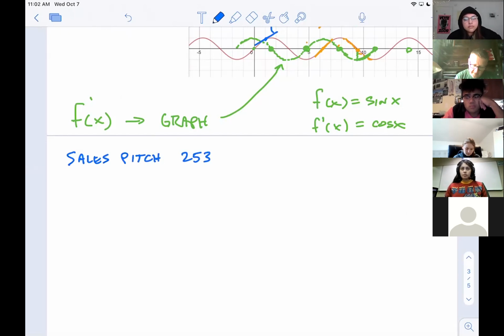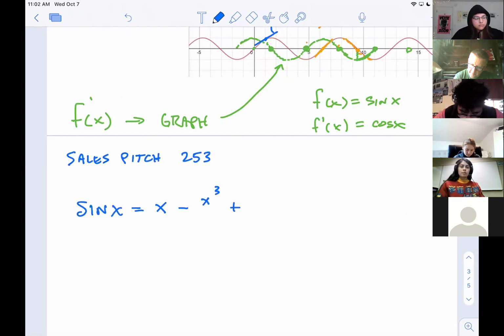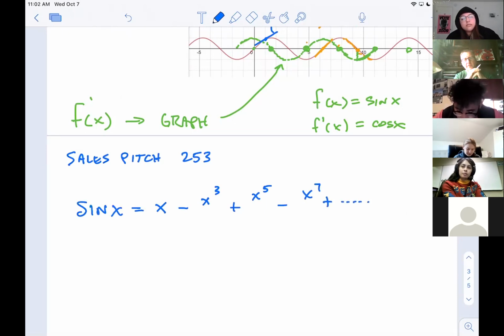Turns out that the sine of x is equal to x minus x cubed plus x to the 5th minus x to the 7th, and so on and so forth. Notice the signs alternate, and then the powers of x are always odd numbers.